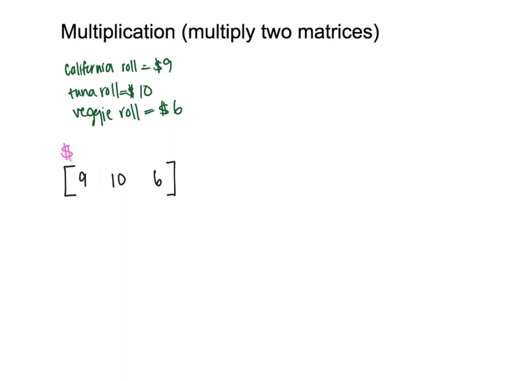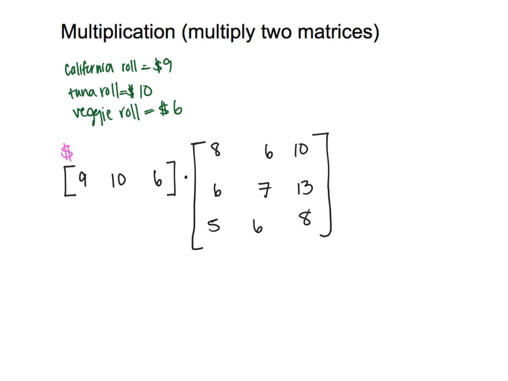And then I'm going to multiply that by the matrix of, let's do day one's matrix. So day one's matrix starts out with 8, 6, 10, 6, 7, 13, 5, 6, 8. So this one is representing day one.